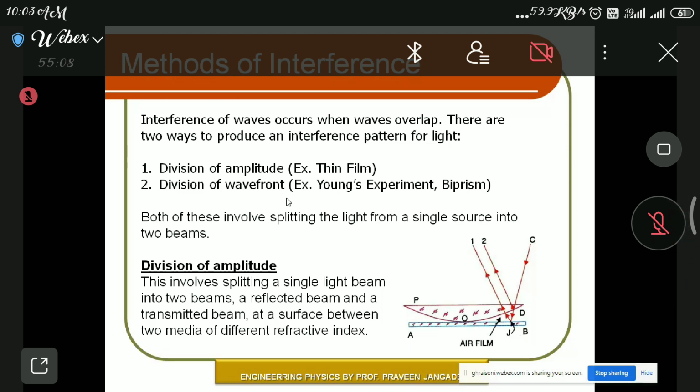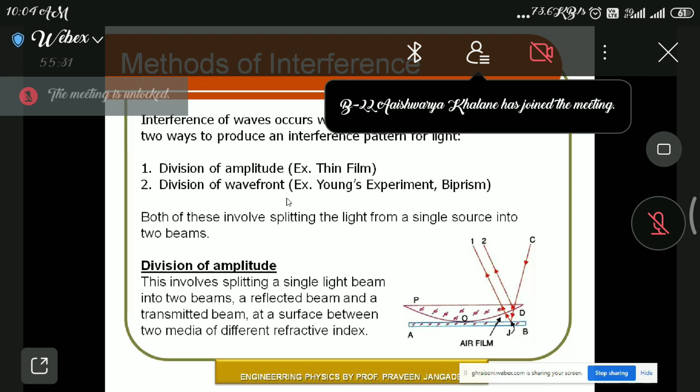A thin film has a particular definition: it considers only one wavelength of visible light, and that wavelength is 5500 angstrom unit. Then and only then will the film satisfy the condition, otherwise not. So you should be very particular about this. The thickness should be one wavelength of visible light.